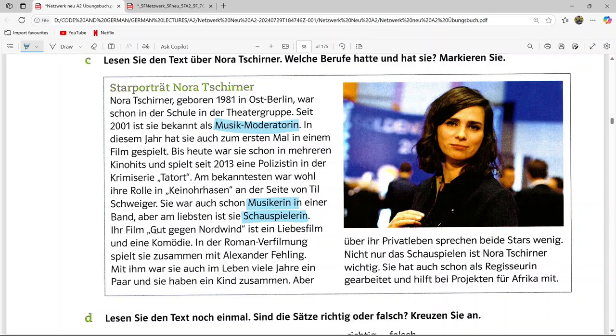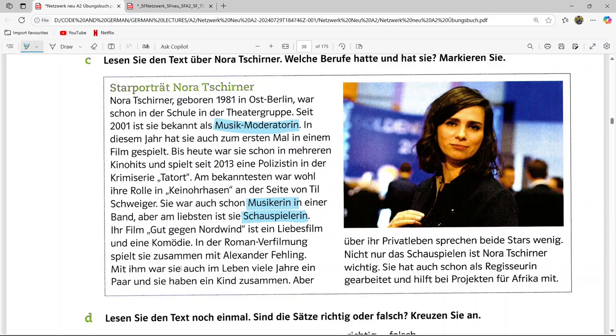Ihr Film Gut gegen Nordwind ist ein Liebesfilm und eine Comedy. So it is a romantic film and a comedy. In der Romanverfilmung spielt sie zusammen mit Alexander Fehling. So in the adaptation of this novel, she acts together with Alexander Fehling.